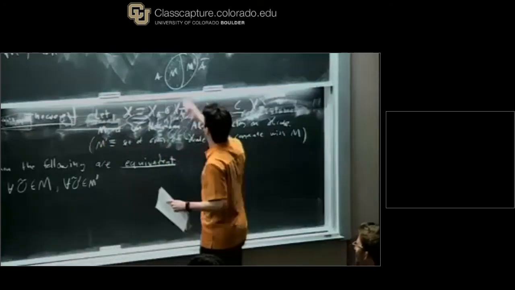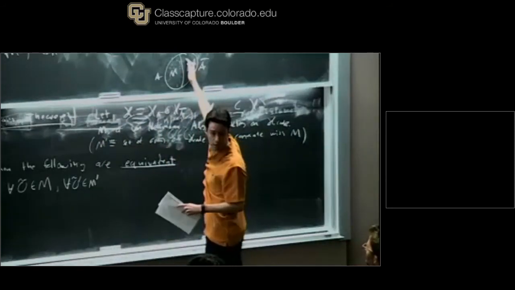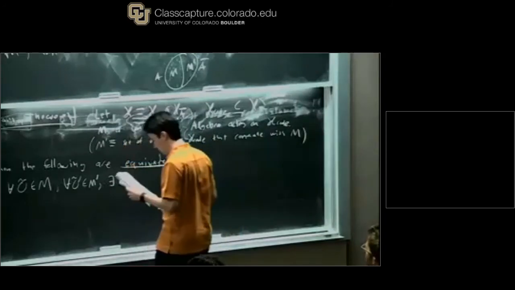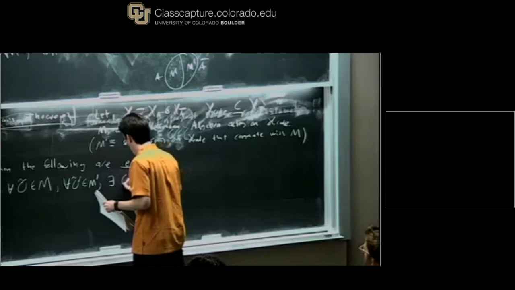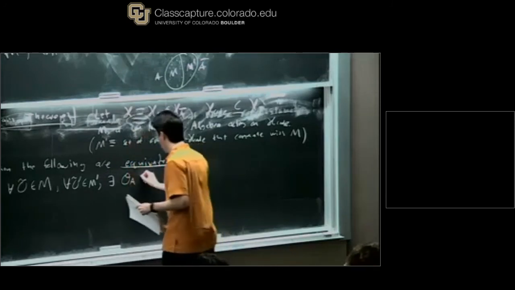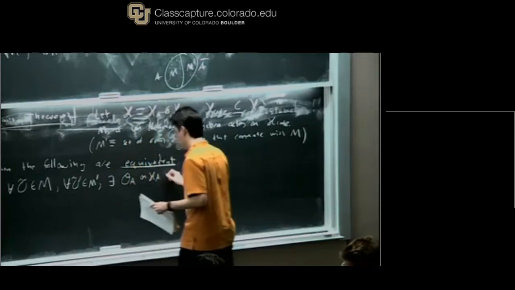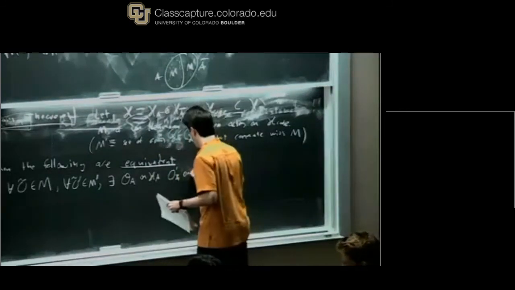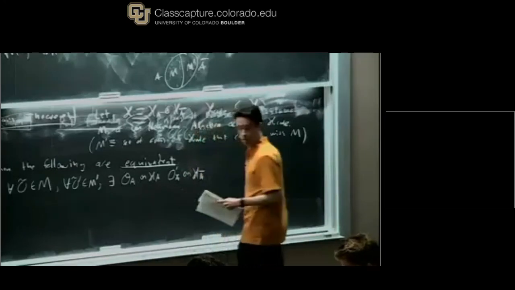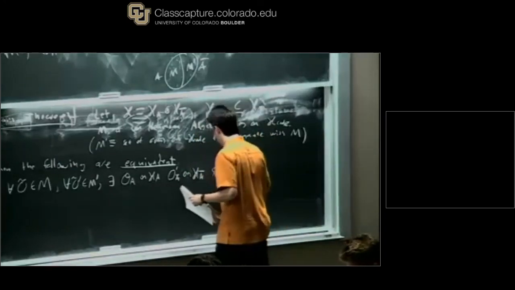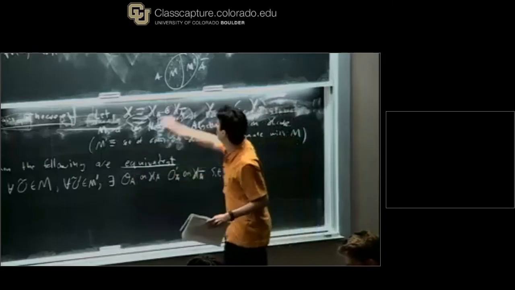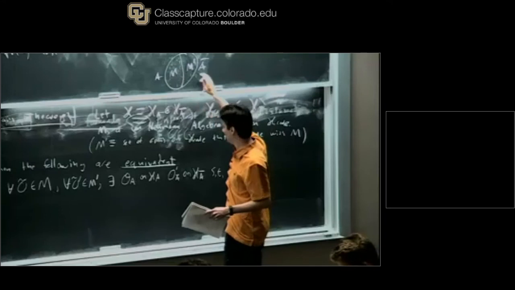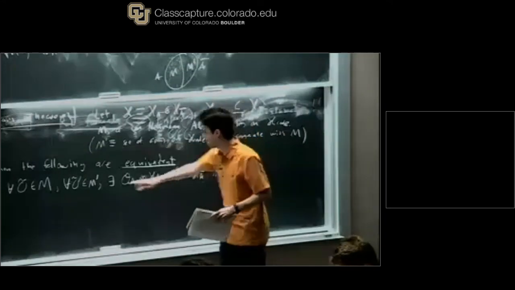So that's, if you like, for all operators in the entanglement wedge here and all operators in the entanglement wedge there, there exists an operator OA on HA and OA bar prime on HA bar such that, okay, and then the such that is going to say that the guy on OA is a reconstruction of O tilde, and the guy on OA bar is a reconstruction of O tilde prime.